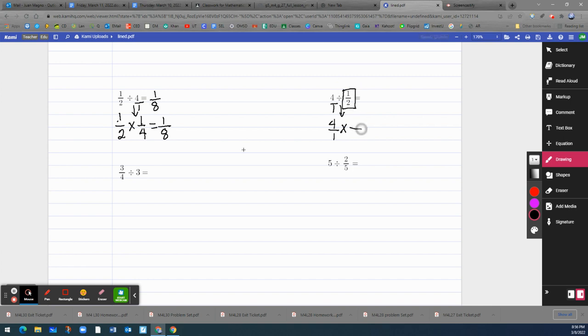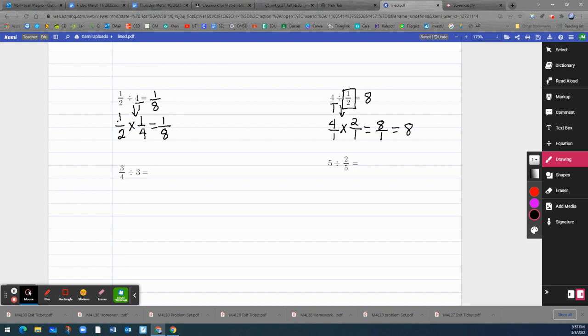The 2 is now the numerator, and the 1 is now the denominator. Once we get that accomplished, 4 times 2 equals 8, and 1 times 1 equals 1. Now that's a division. 8 divided by 1 equals 8. Using this method, 4 divided by 1/2 equals 8/1. We can write it as 8/1 or just 8.